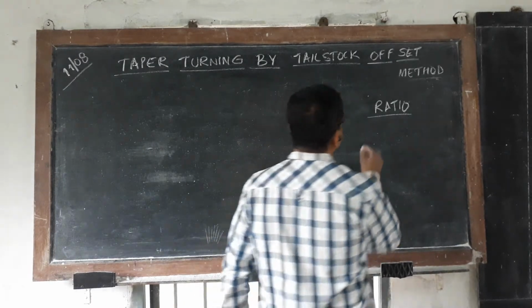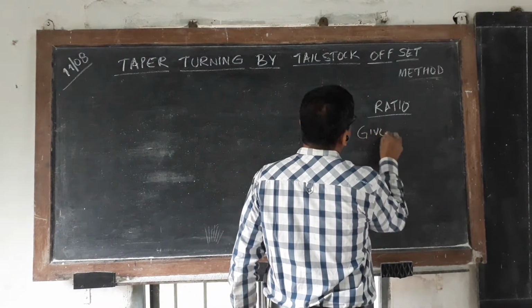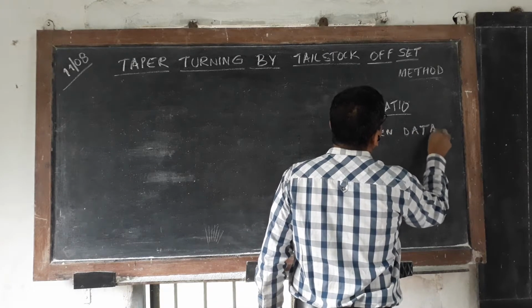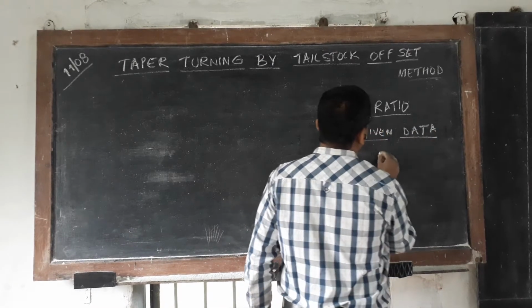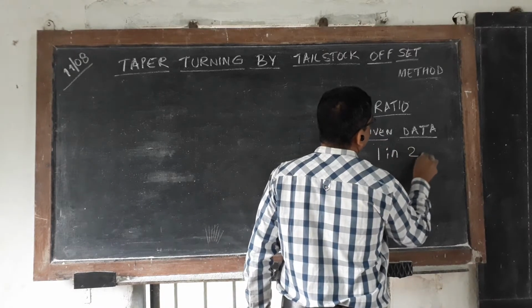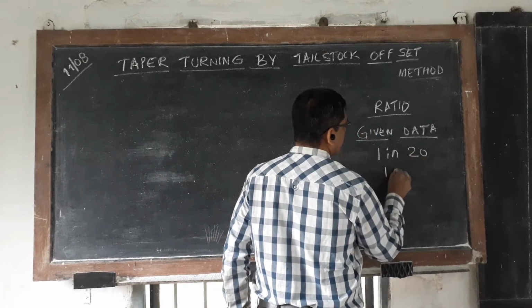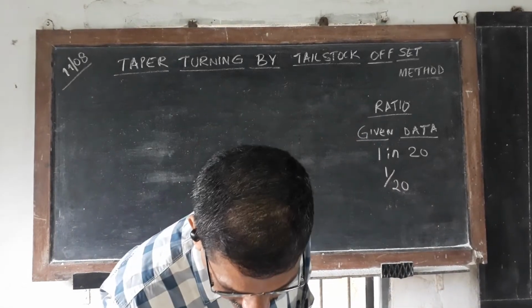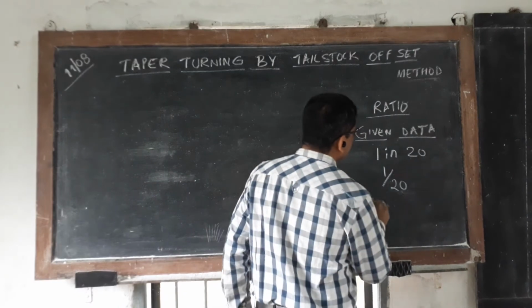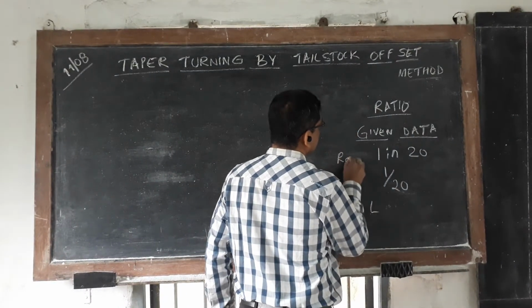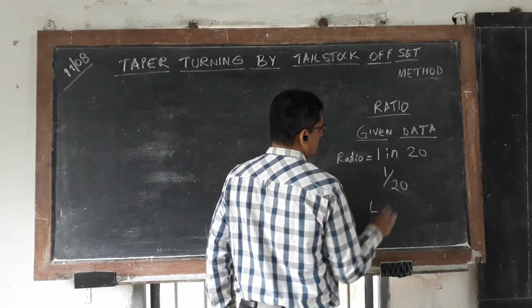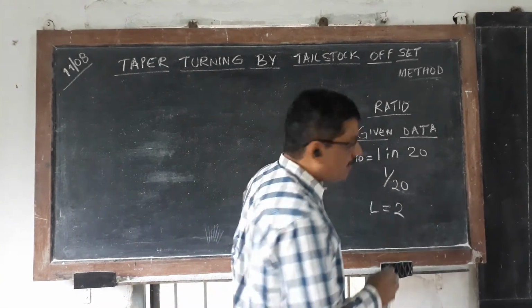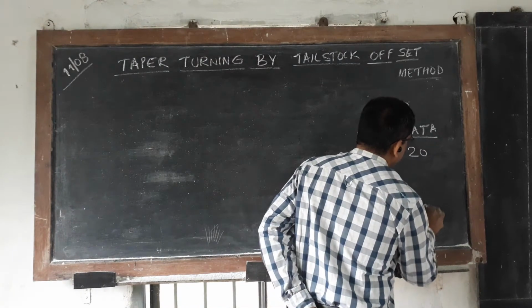Given data: 1 in 20, nothing but 1 by 20. Length L is equal to 230 mm.